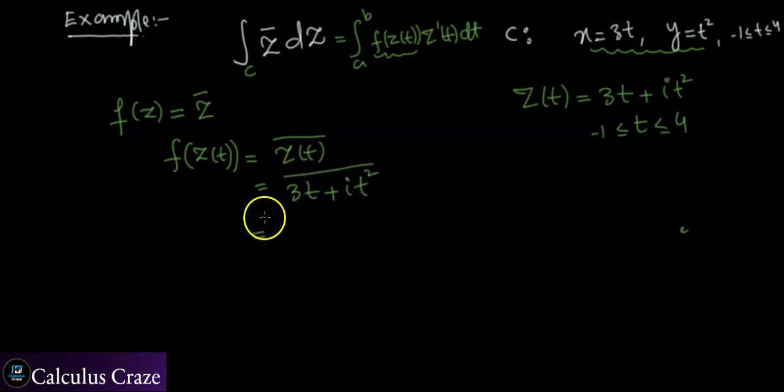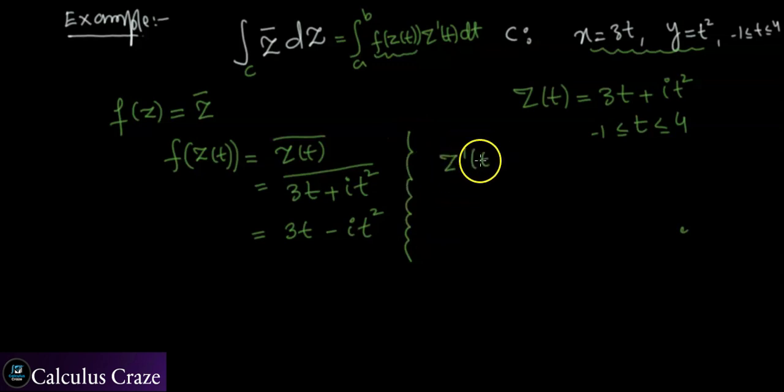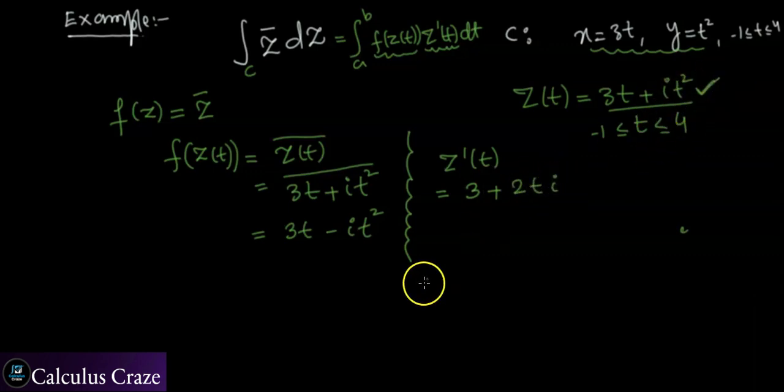When you evaluate the conjugate, you change the sign of the imaginary part. So it turns out to be 3t minus iota times t square. So this is f of z of t. Now I need to calculate the derivative of z with respect to t. So z of t is equal to 3t plus iota times t square, and its derivative is going to be 3 plus 2t iota.